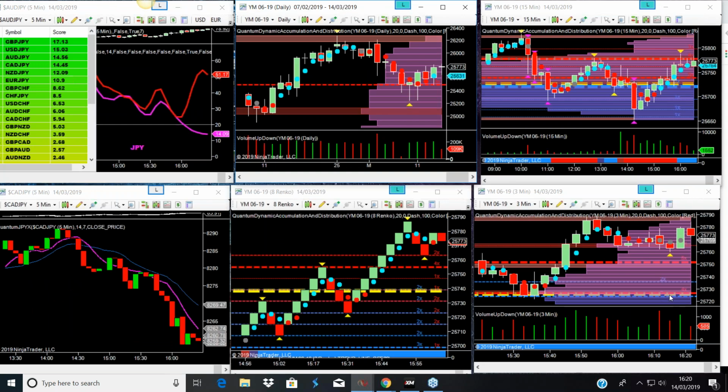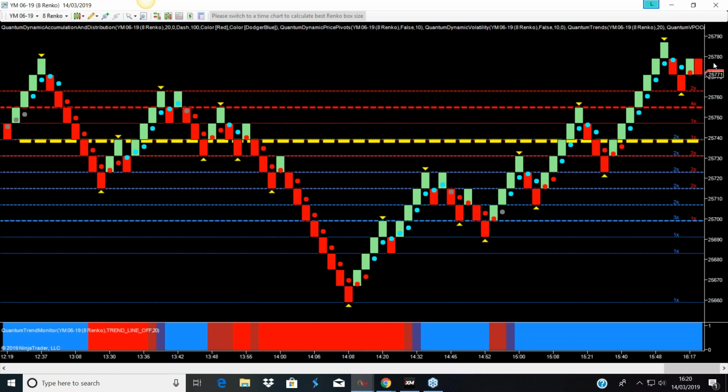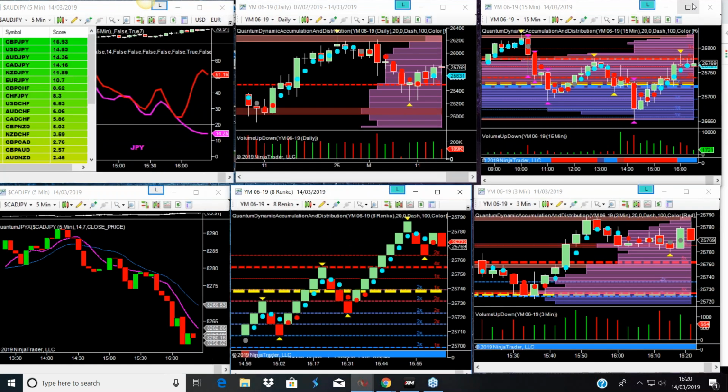But we have to work with what we're given. What do they say? You're given lemons, you make lemonade, and it's certainly one of those days today. And we can see here, certainly on the Renko, they're sort of sideways, but it feels like it wants to go up, but it's kind of creeping higher. And this is what you often get when markets are approaching all-time high levels.